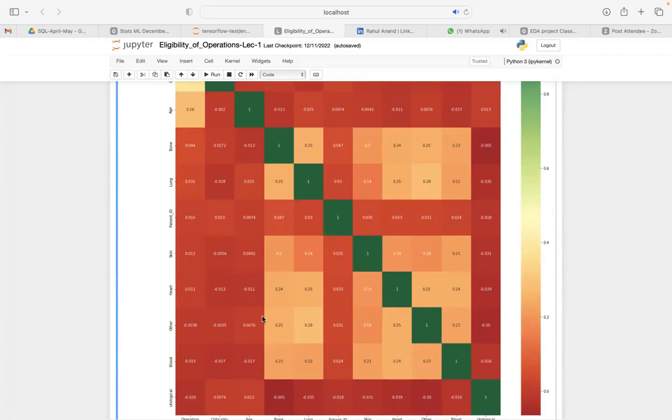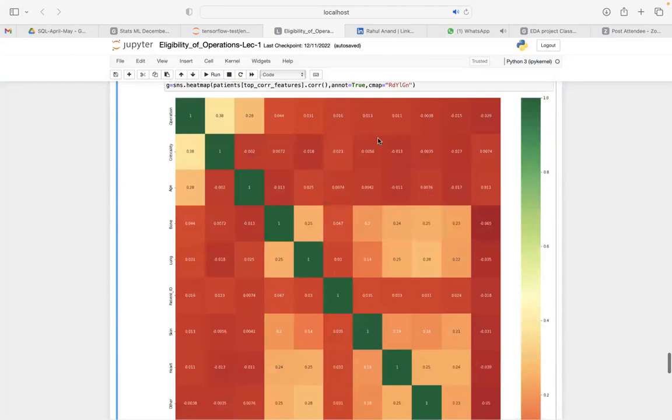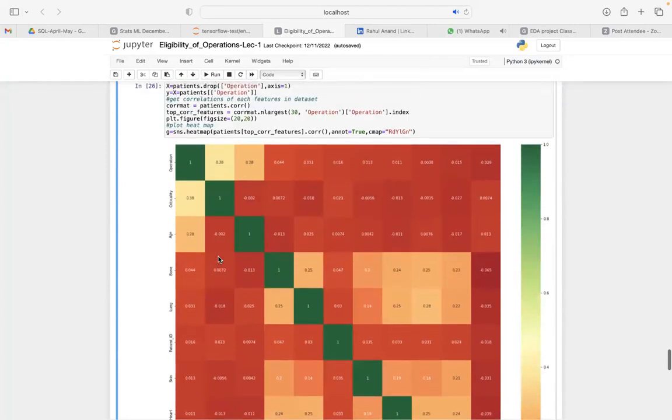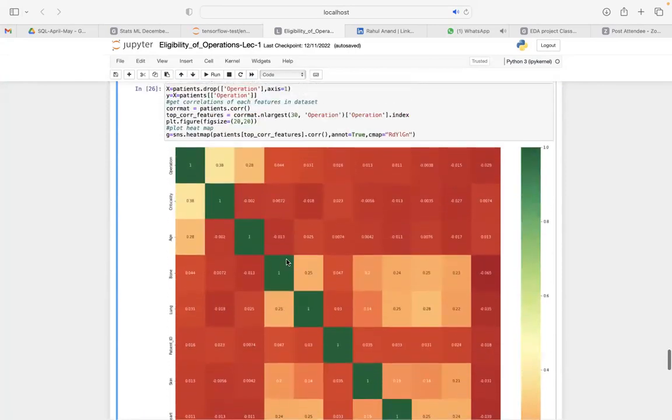If you want to check separately, you can. But from these numbers and colors, you can see there is no multicollinearity present here. And they are not very highly correlated with the dependent variable itself. So these independent variables are not very contributive towards the dependent variable.